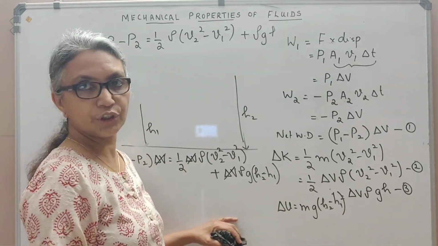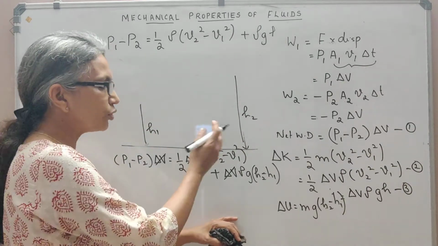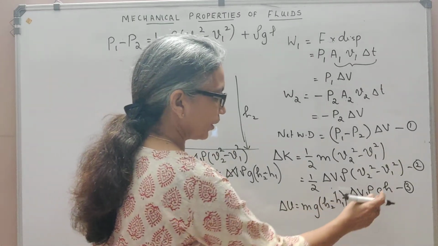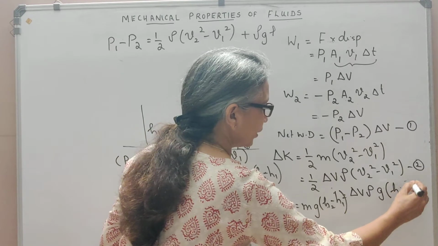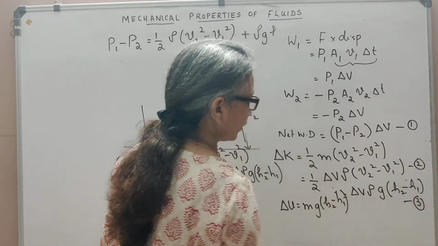So here it is mg H2, here the potential energy is mg H1. The change will be mg H2 minus mg H1. So mg H2 minus mg H1 gives me H2 minus H1, which is equation 3.